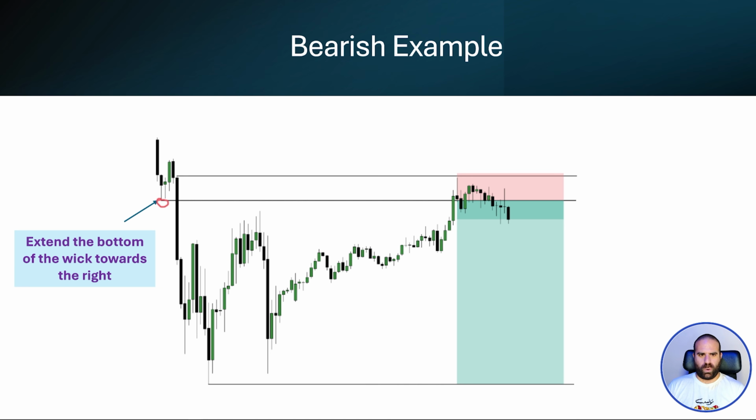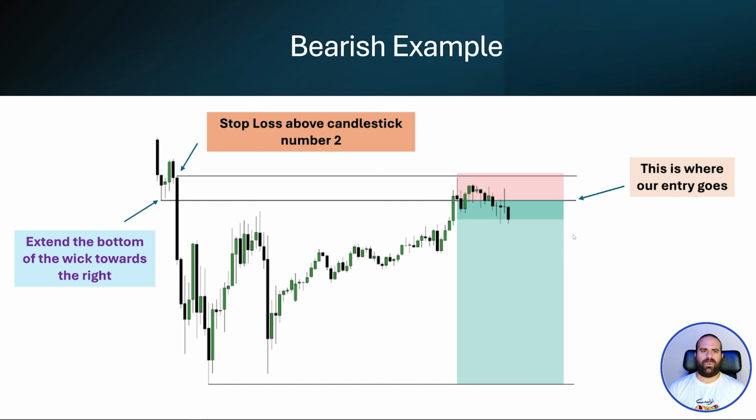So the entry goes at this wick that we extend towards the right, and candlestick number 2, which is this huge candlestick here, we extend the top of it towards the right, and we place the stop loss either right above it, or you can leave a little bit of space as I did right here. This is where the entry goes. Stop loss above candlestick number 2, guys.